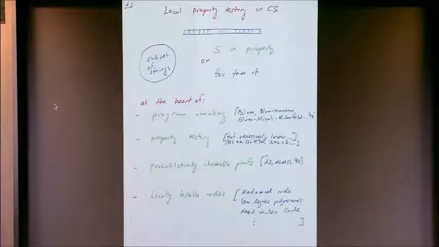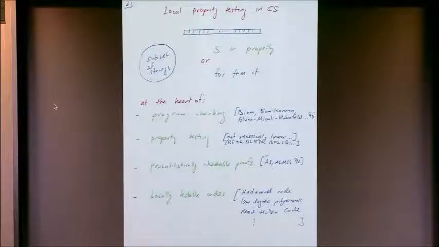It's instrumental in probabilistically checkable proofs. All proofs of the PCP theorem use this notion of locally testable codes. These are codes defined by local constraints, such that by picking a random constraint, you can detect with constant probability that a word is far from the code.